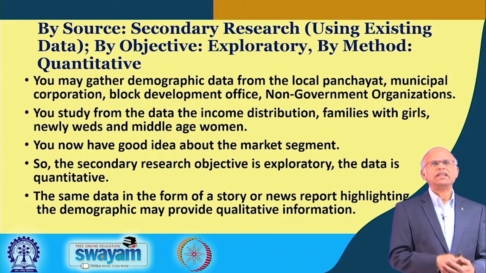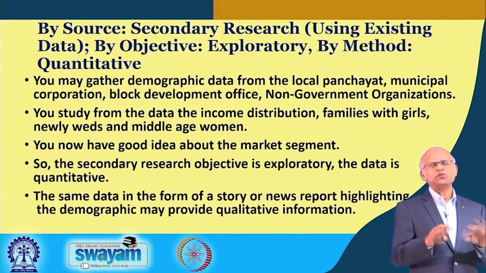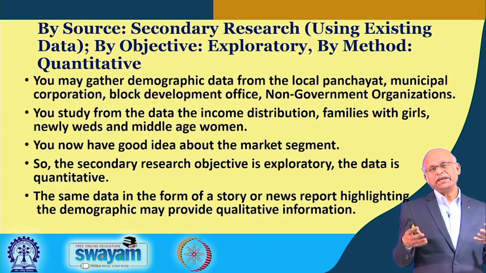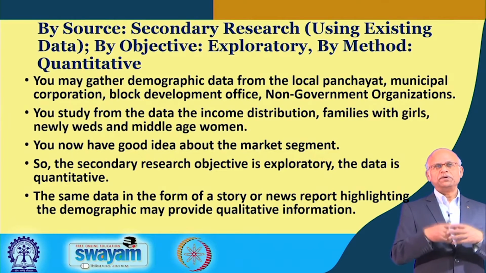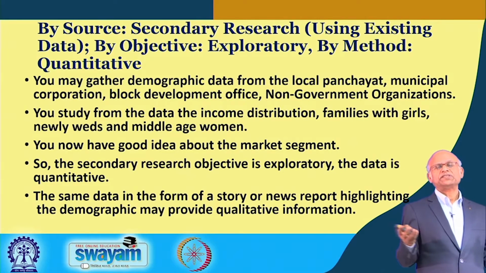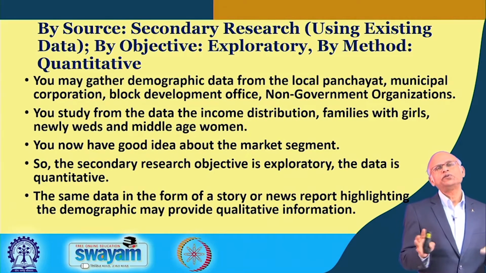So, you start analyzing. This is secondary research, and your objective is to do some exploratory research, not really something experimental or a deeper study such as descriptive. By method it is quantitative, because you are gathering numerical data, but then it can also be qualitative.